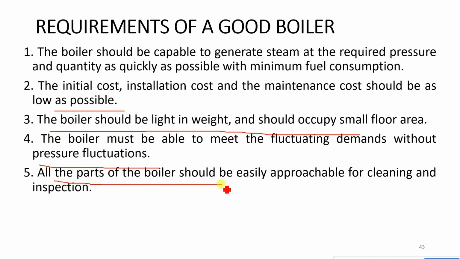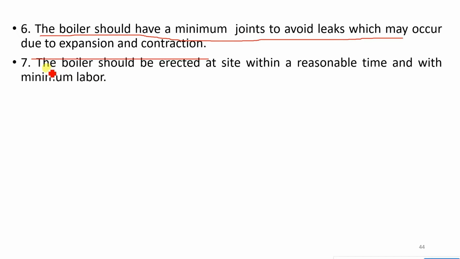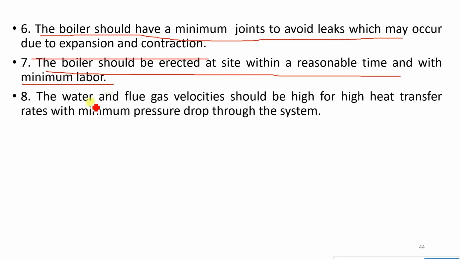All the parts of boiler should be easily approachable for cleaning and inspection. The boiler should have minimum joints to avoid leaks which may occur due to expansion and contraction. The boiler should be erected at site within reasonable time and with minimum labor.